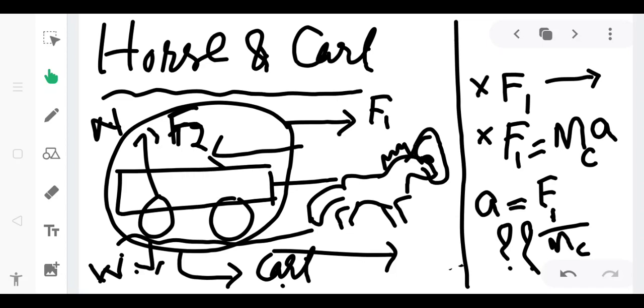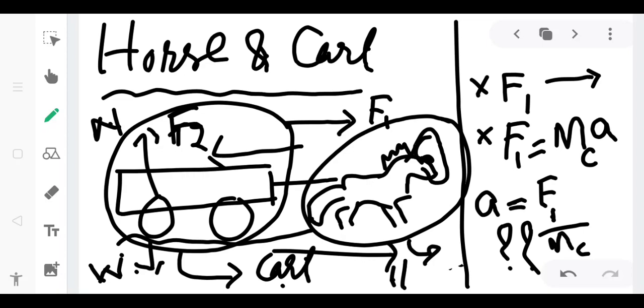Next thing is, let us consider horse as a system. Now we are looking at horse. Remember, when we have decided a system, only the forces acting on the system should be considered, but forces applied by the system should not be considered. Now in the list of forces acting on the horse, we should not take F1 into consideration.